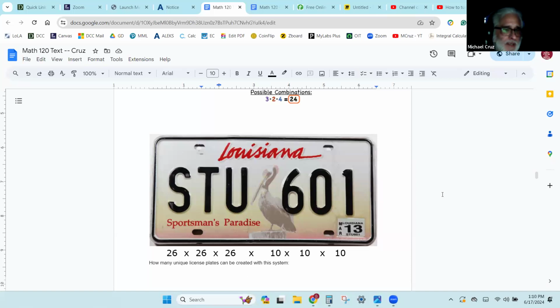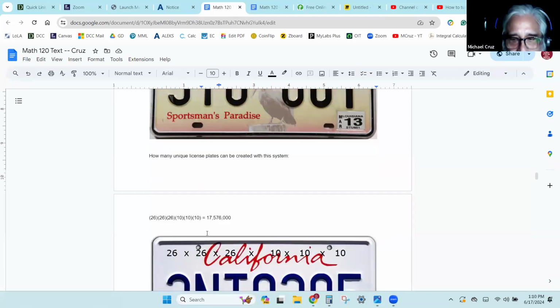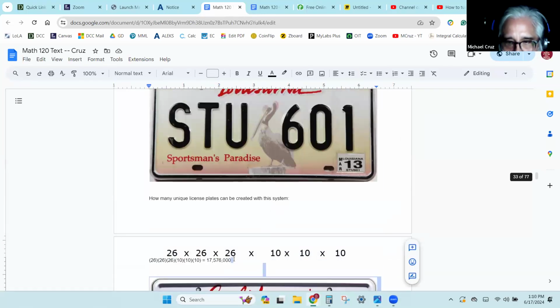And then over here, these digits, as we call them, can be 0 through 9, which is 10 digits. So 10 times 10 times 10. And what that gives us is 17,576,000 unique license plates.